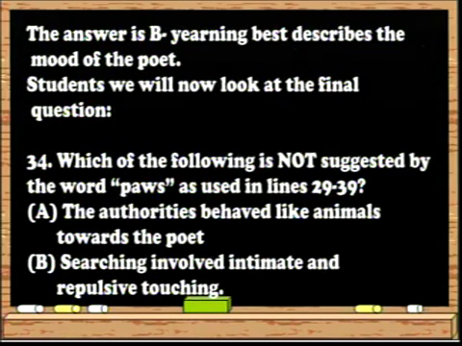Students, we will now look at the final question. Which of the following is not suggested by the word paws as used in lines 29 to 39? A. The authorities behaved like animals towards the poet. B. Searching involved intimate and repulsive touching.